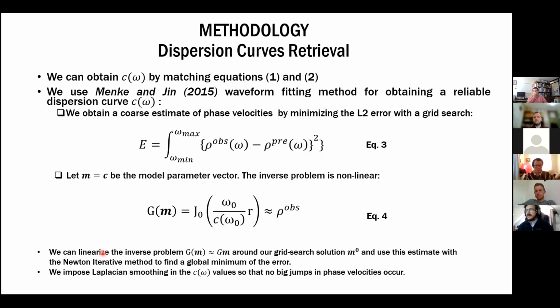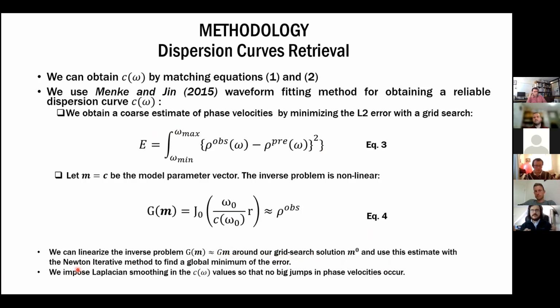However, we can linearize the inverse problem and express it as a product of a kernel matrix and the model parameter around our grid search solution from this part, and use this estimate with the Newton iterative method to find a global minimum of the error.